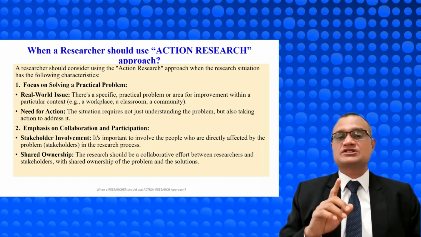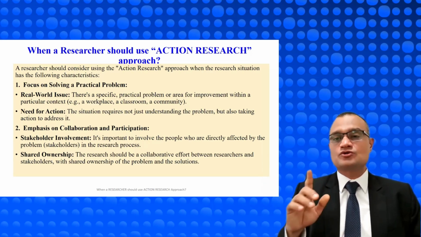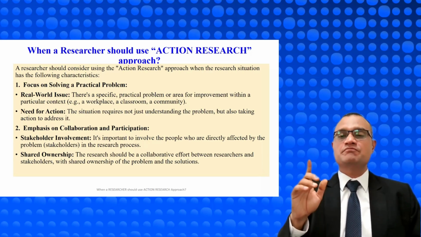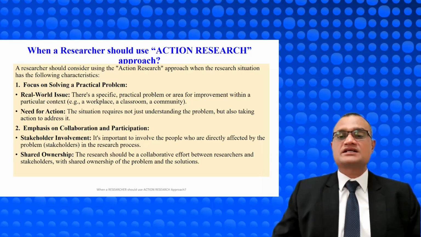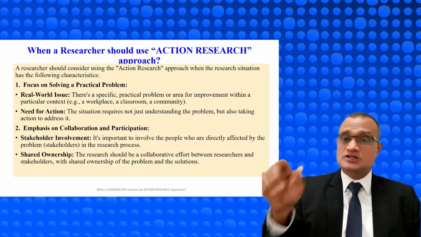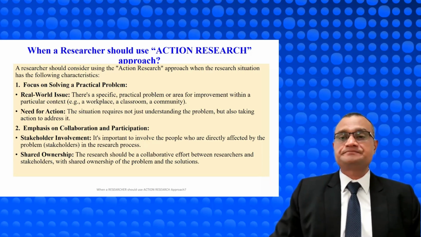Real world issue: there is a specific practical problem or area, workplace, classroom, community. My approach, action research, becomes the best fit approach. Need for action: the situation requires not just understanding of the problems or drawing recommendations, but also taking action to bring some improvement in the situation.